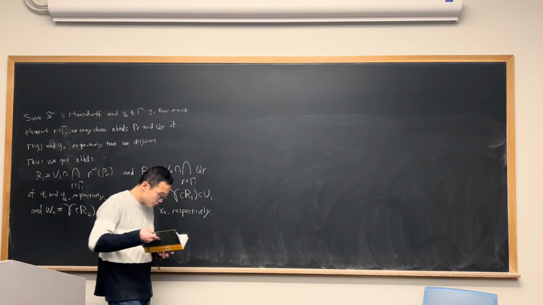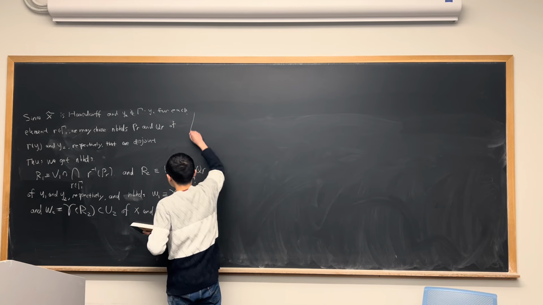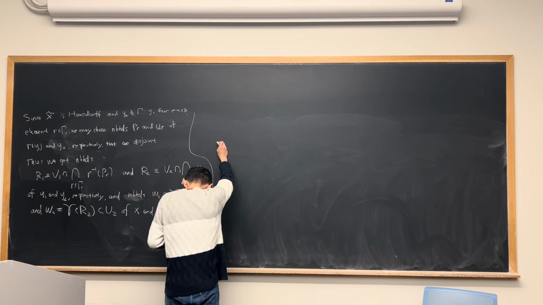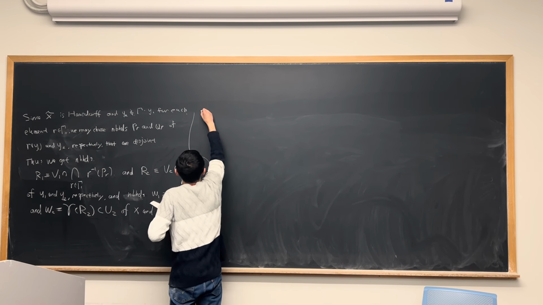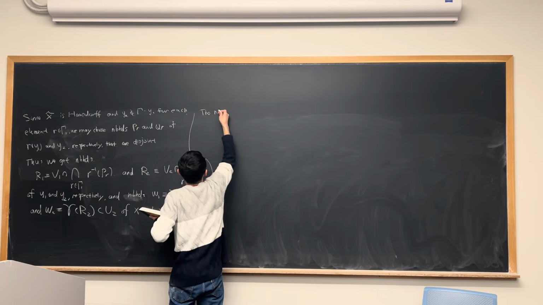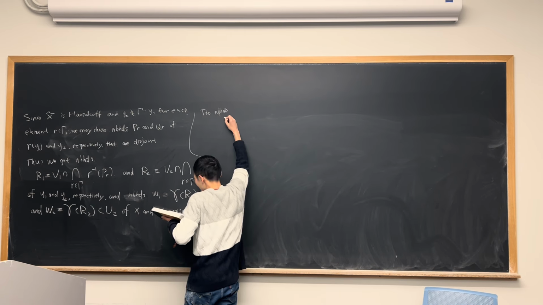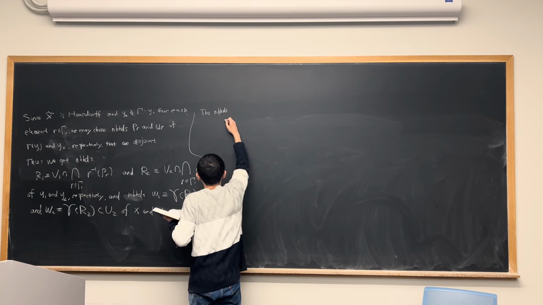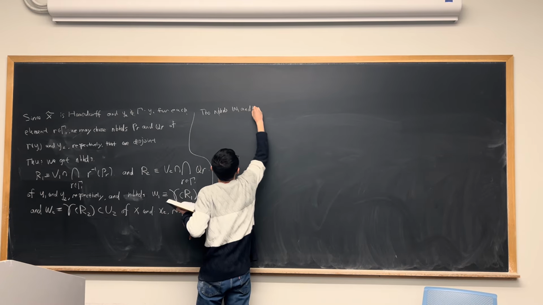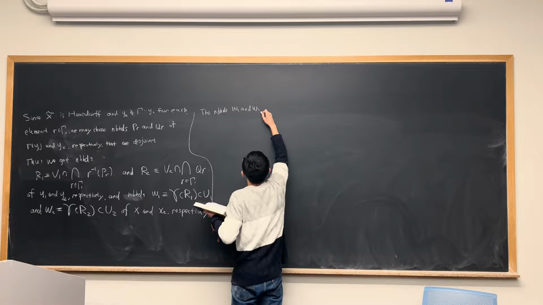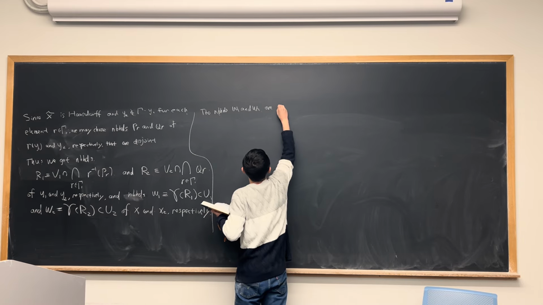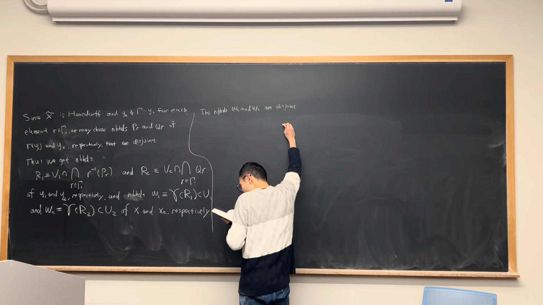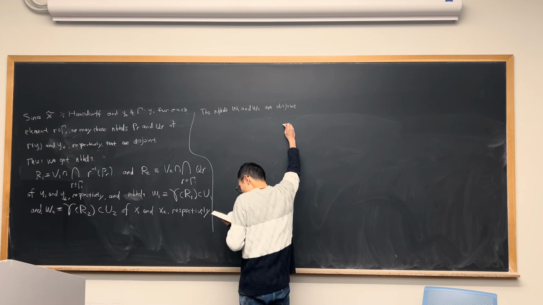Now the neighborhoods W1 and W2 are disjoint.